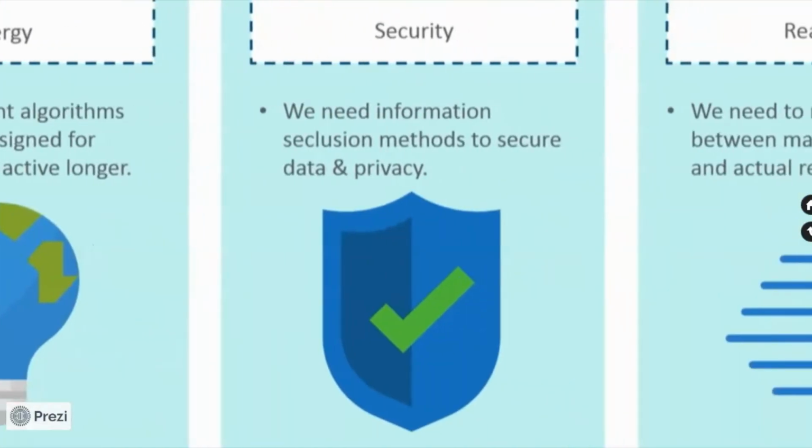Like any other advancement in technology, even IoT security is a standout issue. This issue keeps getting bigger, with more and more devices being connected to one another. We need information seclusion methods to benefit end clients and secure their data and privacy. Better cybersecurity technology keeps growing to this day.